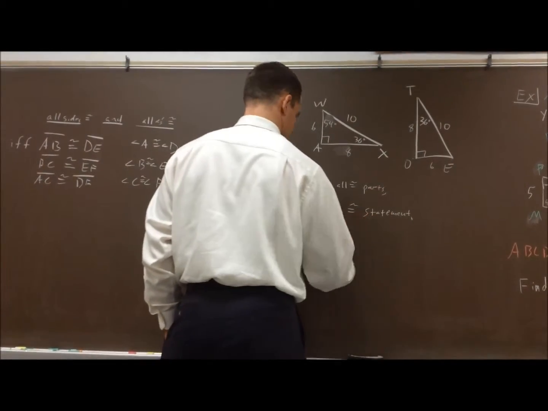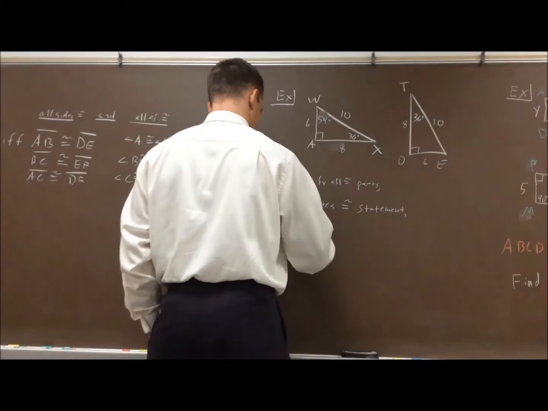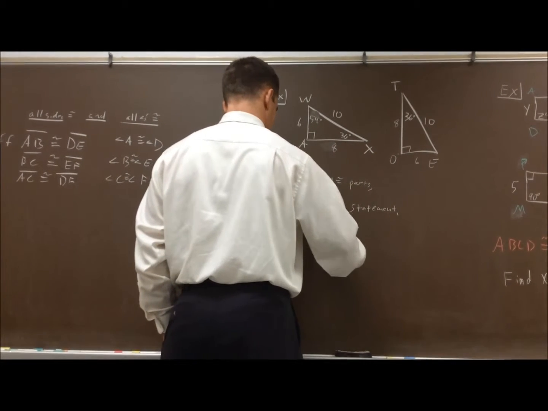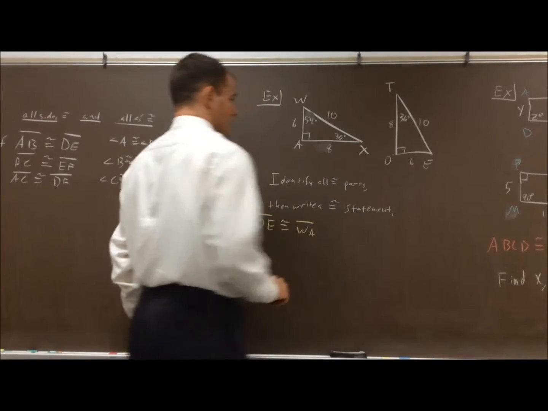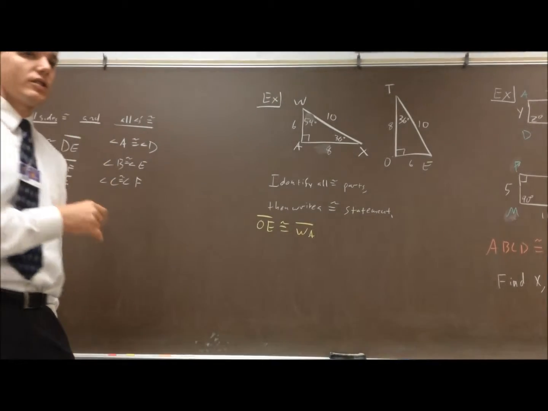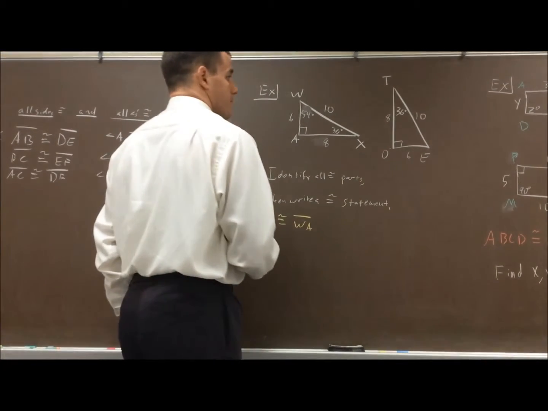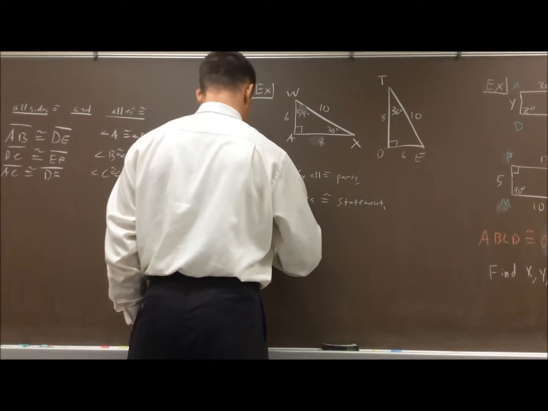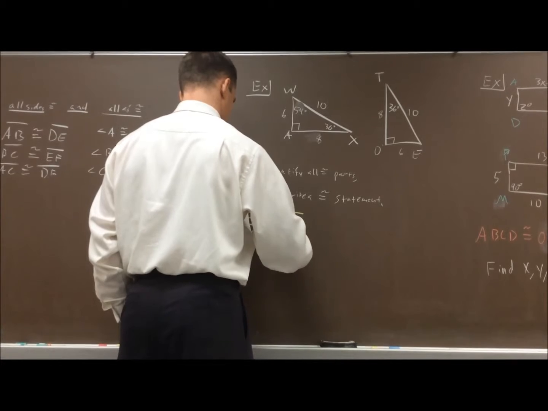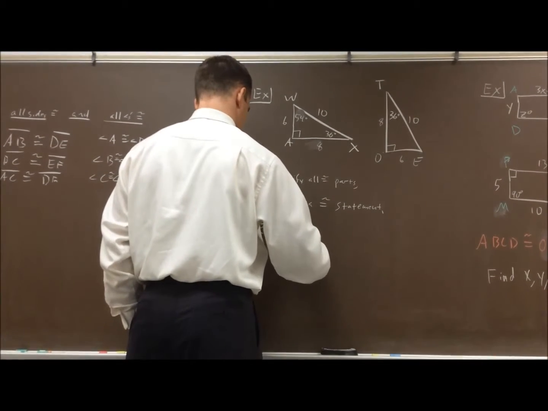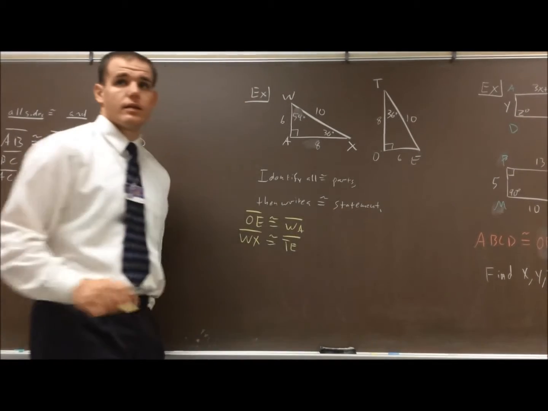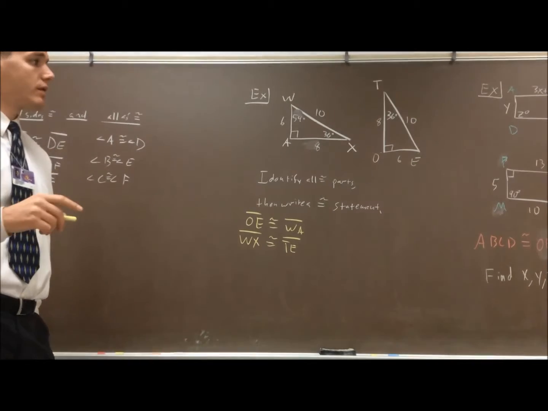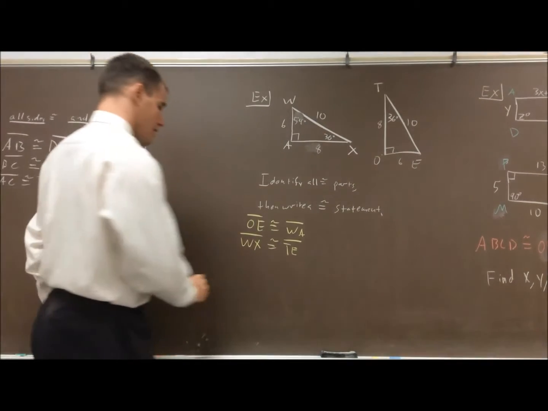OE is congruent to WA. Correct. WX and TE. AX and TO.